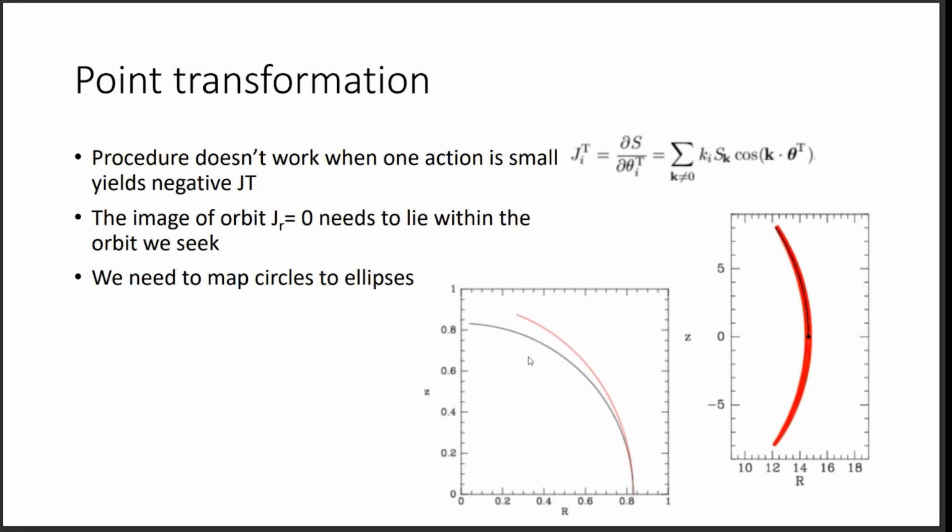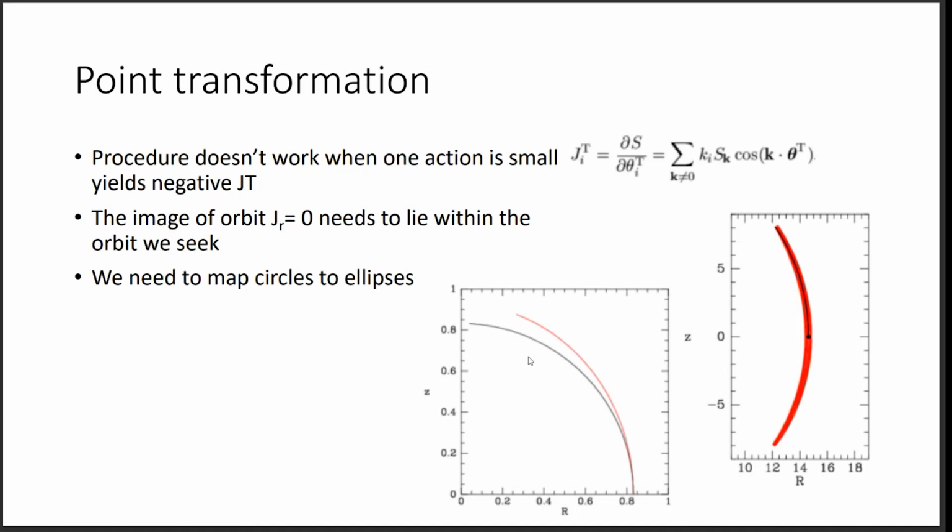And when you work your way through that, you come to the conclusion that the trace of this orbit in the RZ plane is like this. And that clearly isn't going to map onto this black orbit, which is a similar shell orbit in the spherical isochrone potential. So you have to map this thing into this thing by brute force before you can use this kind of generating function.